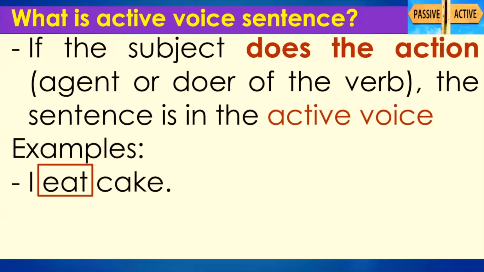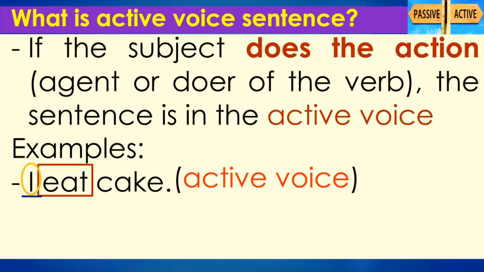Exactly, eat. And what is our subject in this sentence? It's I. Now, who is doing the action of eating cake? Still, I. The subject is I. The doer of the action is still I. The sentence is in the active voice.